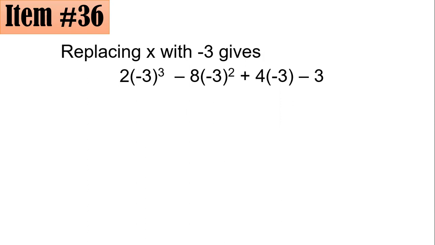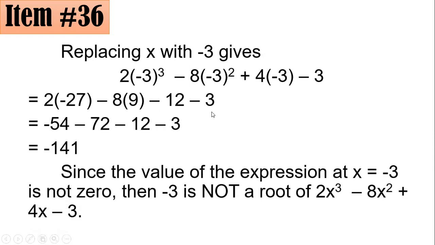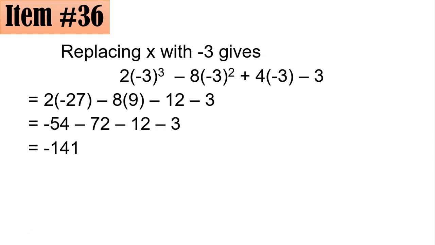That is why you have 2 times the cube of negative 3 minus 8 times the square of negative 3 plus 4 times negative 3 minus 3. Simplifying this gives you 2 times negative 27 minus 8 times 9 minus 12 minus 3. And using your calculators, you could actually get negative 141.